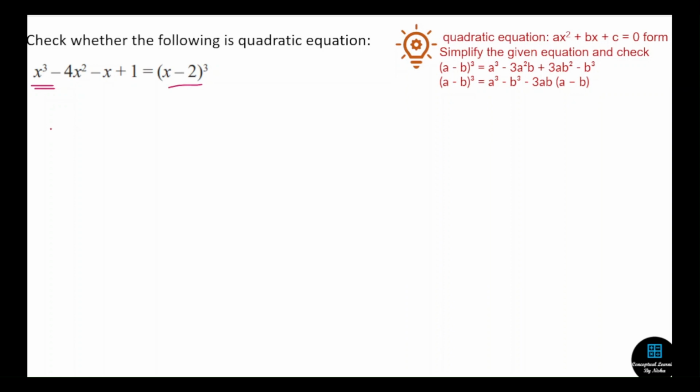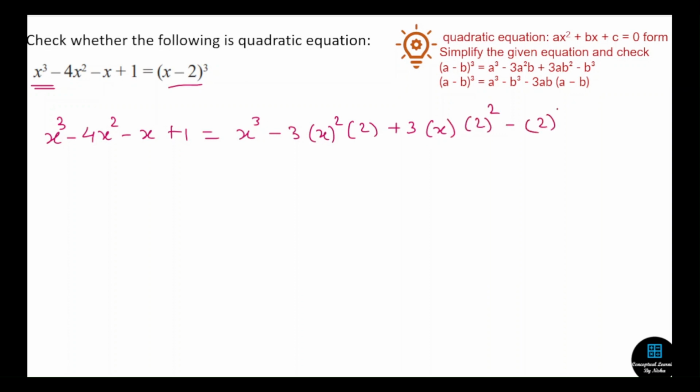So let's do it. I'll write this left hand side as it is: x³ − 4x² − x + 1 =. Now apply the identity. So what do we get? x³ − 3 × x² × 2. I'm just putting the values, okay? We'll simplify this in the next step. + 3 × x × 2² − 2³.